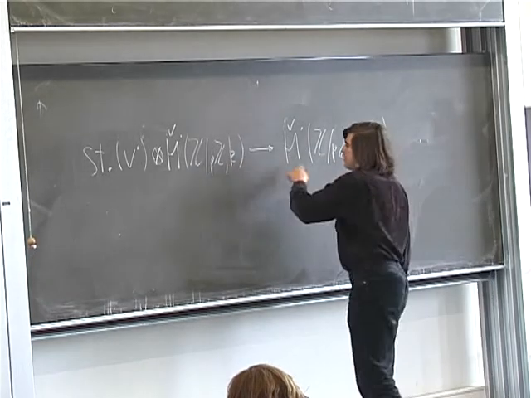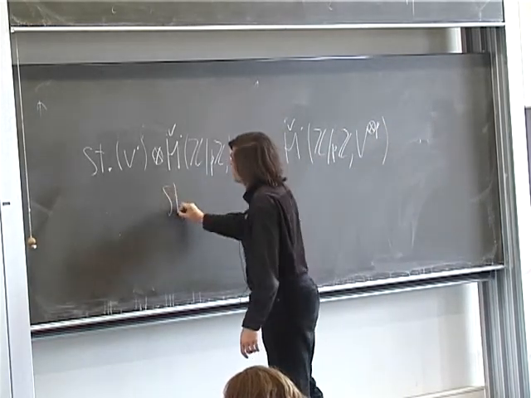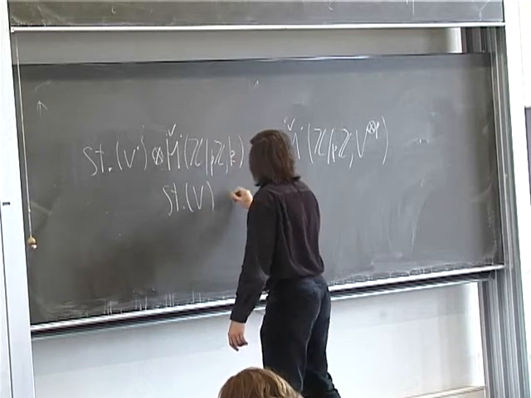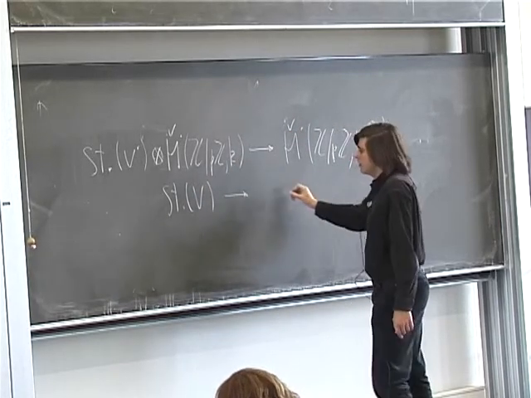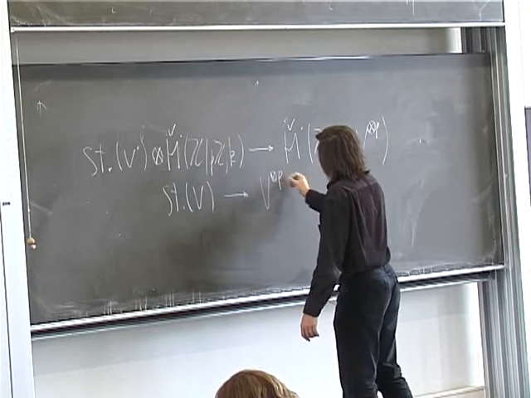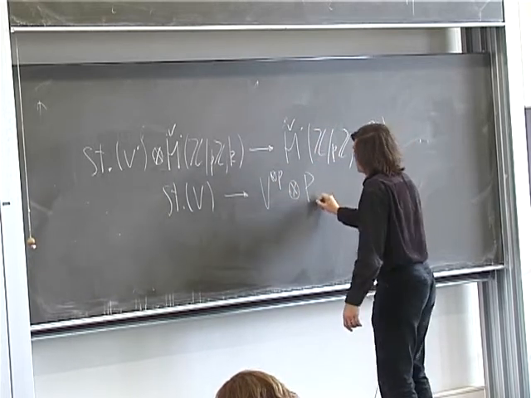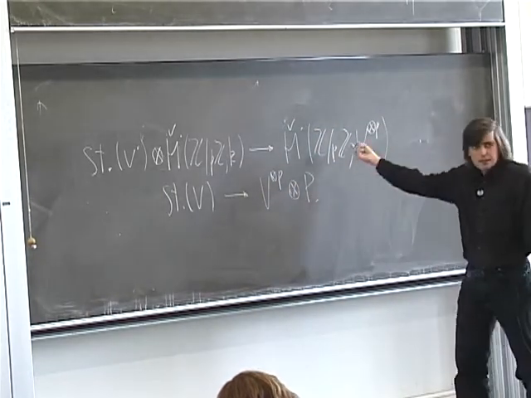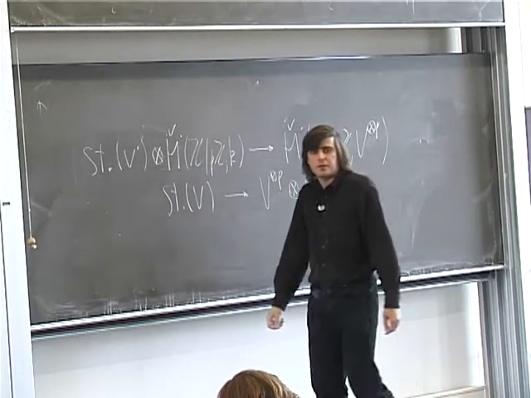And this map is induced by a canonical map from ST of V to this tensor power times this acyclic complex P. This is our Cartier map.